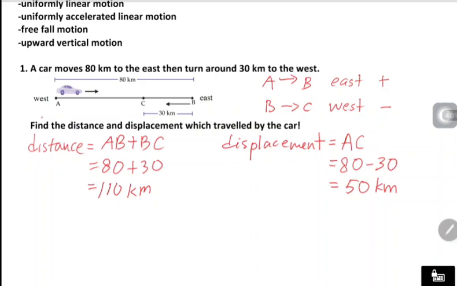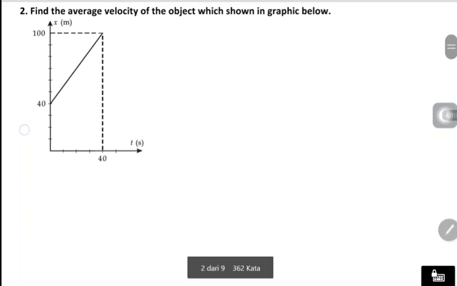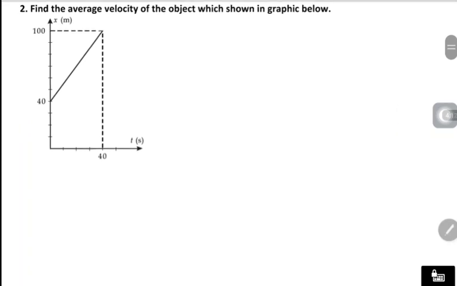Okay, next, number 2. Find the average velocity of the object which is shown in the graphic below. The graphic shows in the y-axis is distance and the x-axis is time.